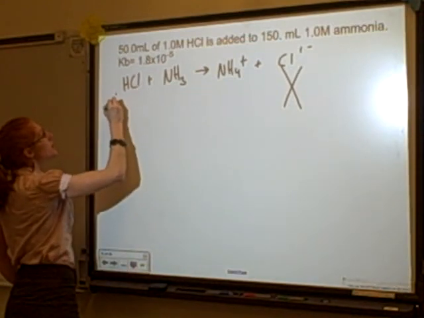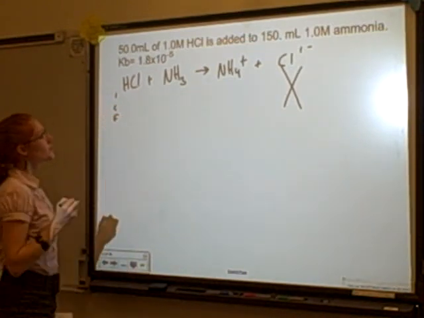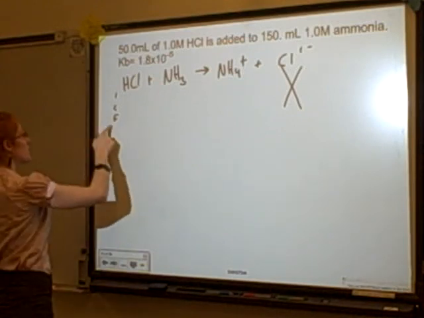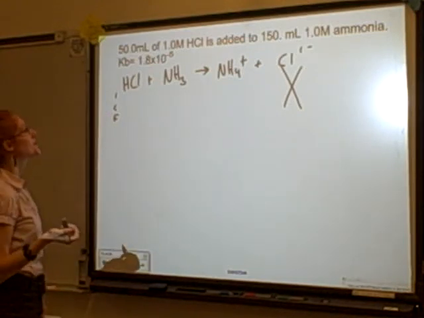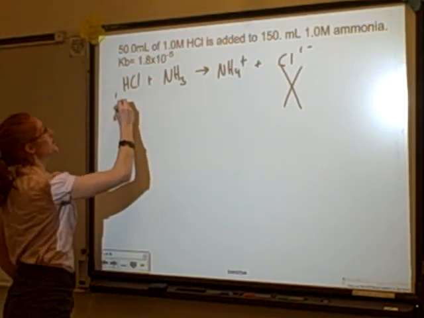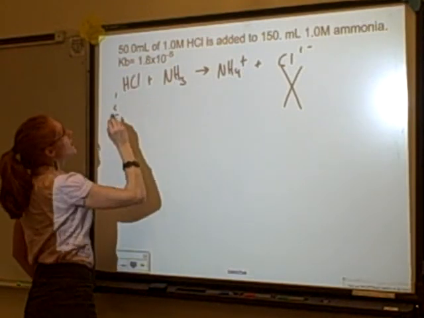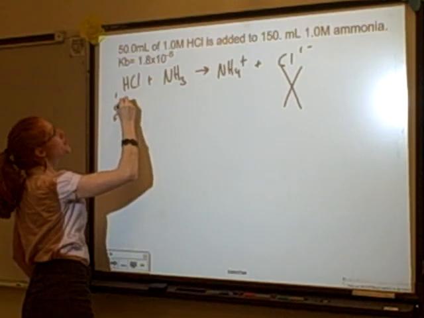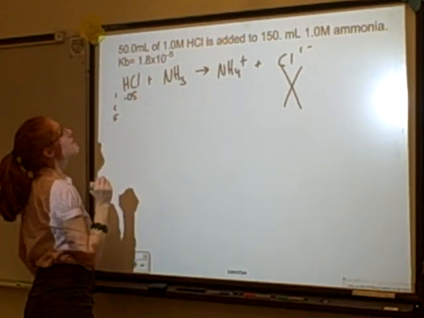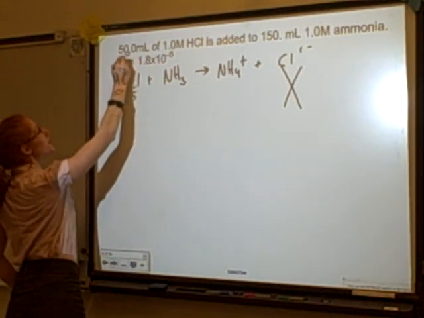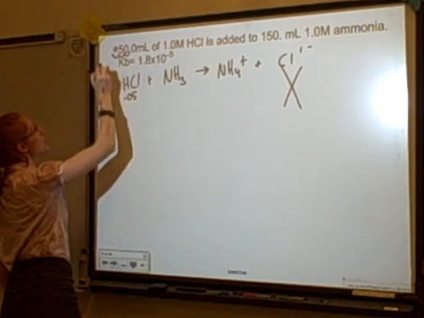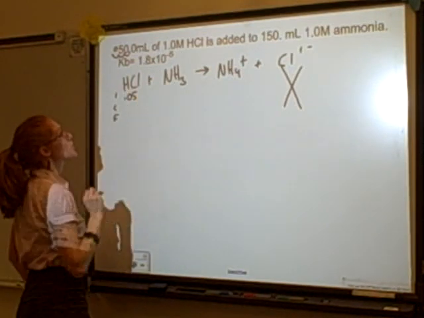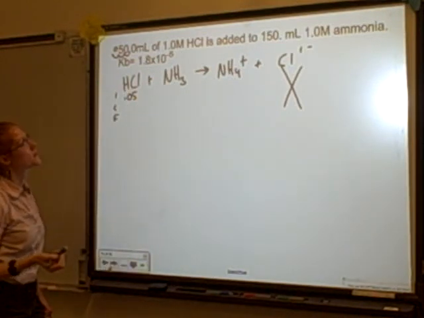So I'm going to do my initial change final. And for this kind of table, I have to use moles. So my students remind me when I forget, which is awesome. So this is 1 molar, and there's 50 milliliters, there's 0.05 liters, 1 molar, there's 0.05 moles of the hydrochloric acid.